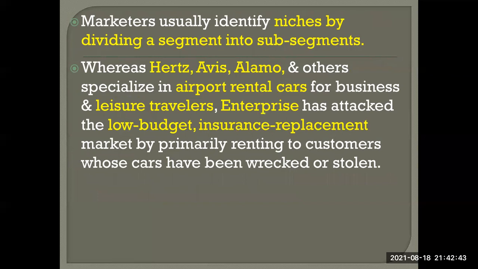Whereas Hertz, Avis, Alamo, and others specialize in airport rental cars for business and leisure travel, Enterprise has attacked a low-budget insurance replacement market by primarily renting to customers whose cars have been wrecked or stolen.